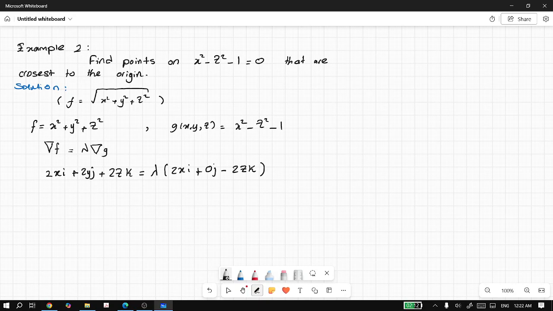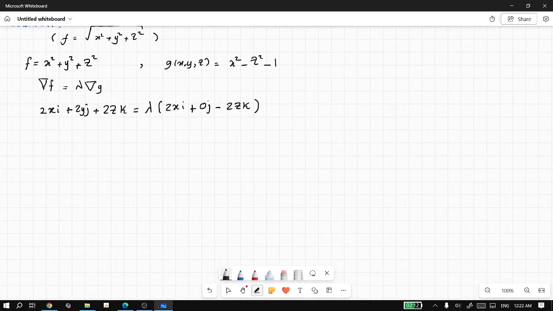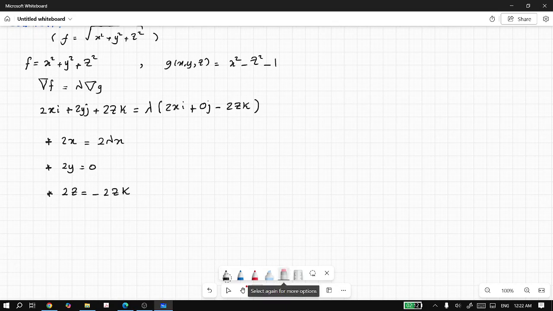Now those two vectors are equal to each other if they are equal component-wise. So we have 2x is equal to 2 lambda x. We have 2y is equal to 0, and we have 2z equal to minus 2z lambda.